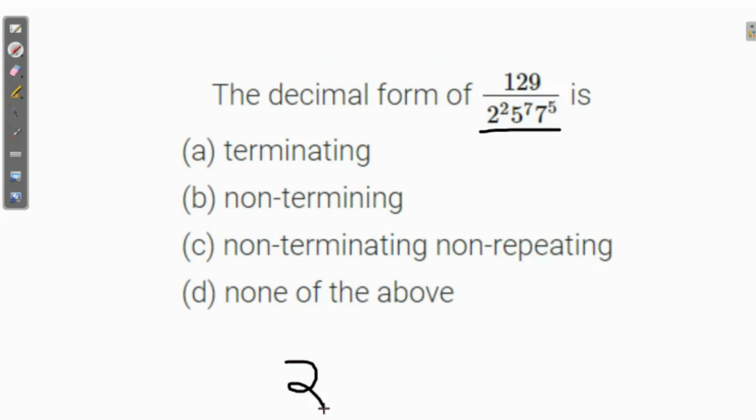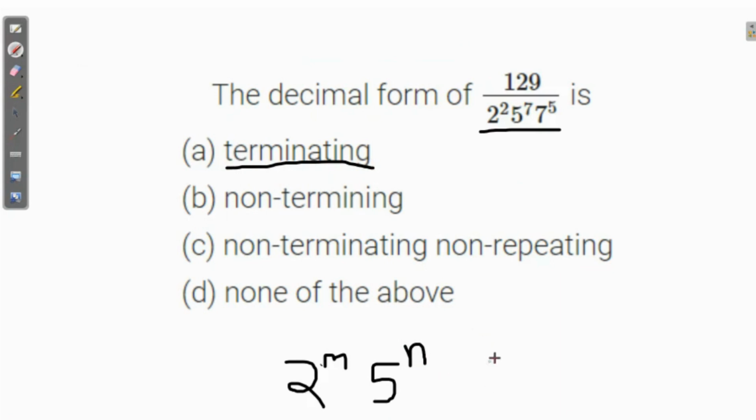If you get a denominator of the form 2 to the power of m and 5 to the power of n, where m and n are any positive integers, then your decimal is said to be a terminating decimal.